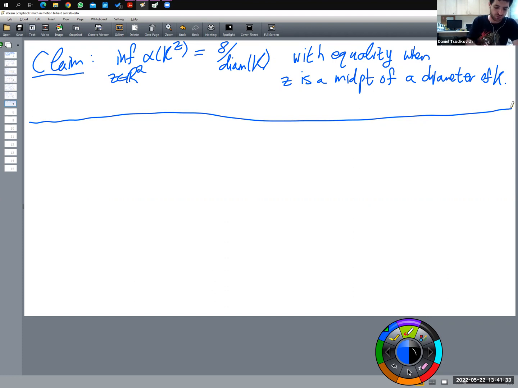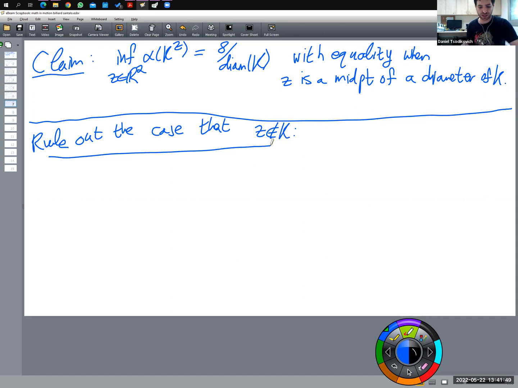For the proof, we'll need several cases. First of all, we rule out that z is not in K, so we can restrict the infimum to be an infimum in K. So what happens if z is not in K? Some of these proofs are just that you draw a picture and you see why it holds.